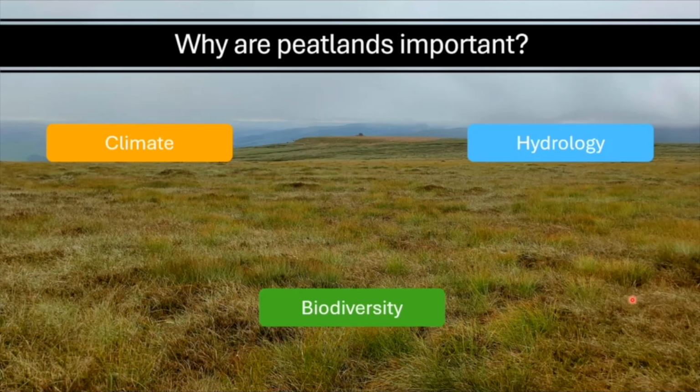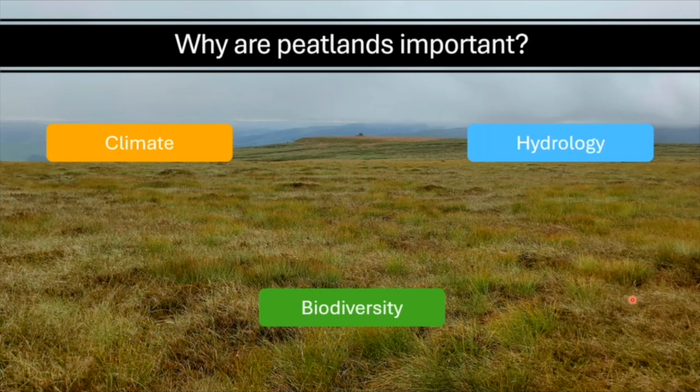So one of the main things is to do with the climate. Peatlands cover just 3% of the Earth's land surface, but they store a third of all the soil carbon, which is more than all of the forests in the world combined. And the way they can do that is that when plants grow, they photosynthesize, and they take carbon dioxide out of the atmosphere.